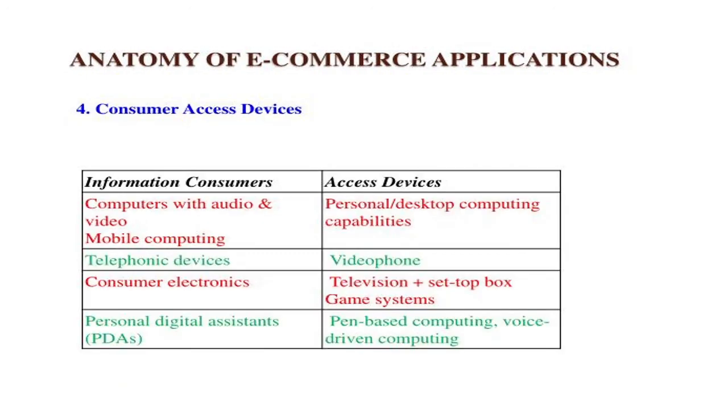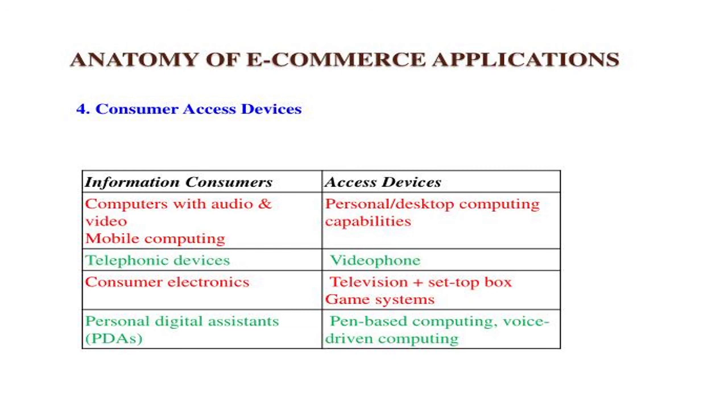Now let us move to the final element of the e-commerce application, that is consumer access devices. Suppose the consumer is going to use a computer with audio and video and mobile computing to access this information, then the consumer should use access devices such as a personal computer or desktop computer, which enables access to audio and video and even mobile computing.